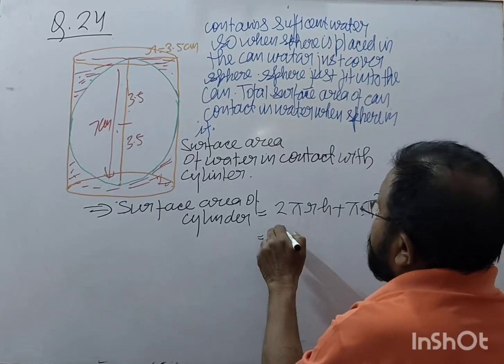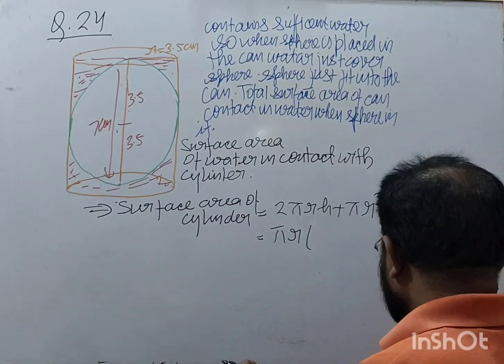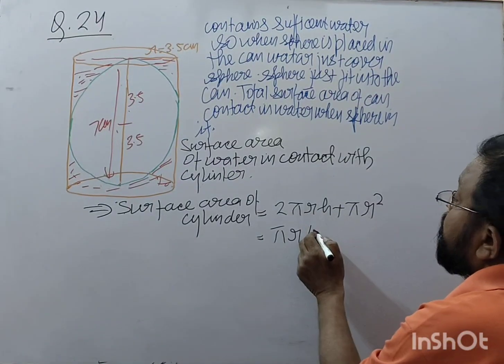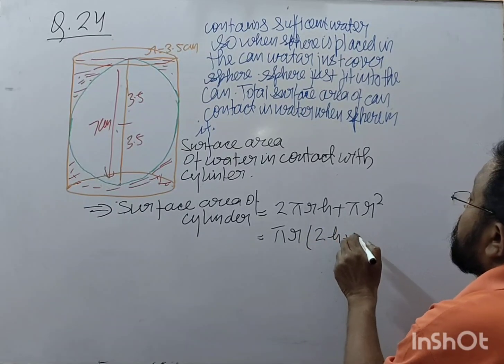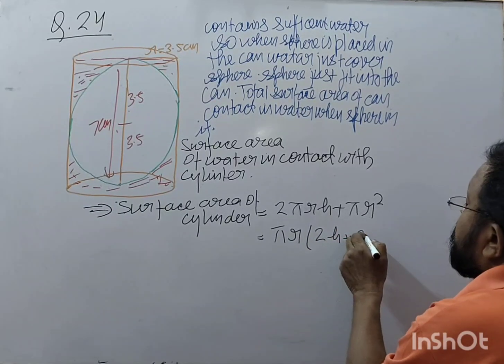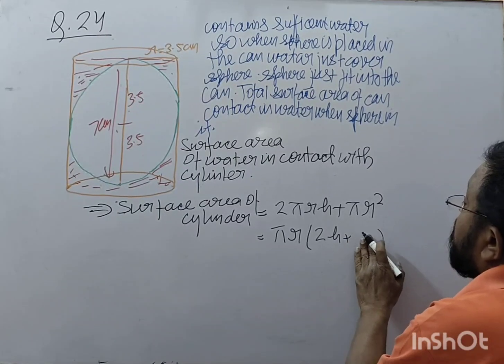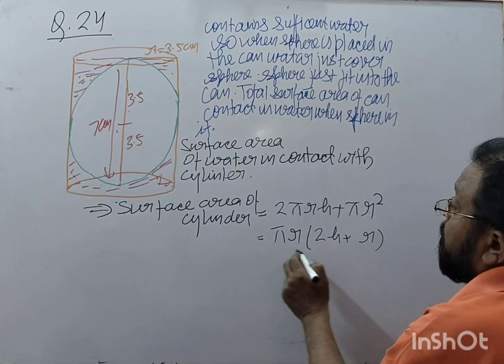We have taken pi r as a common, right? Pi r as a common, so we get 2h plus r, which is 3.5.